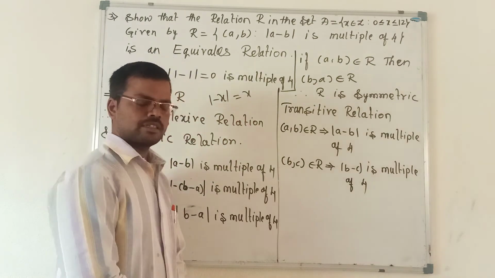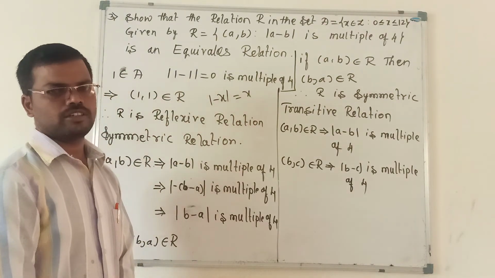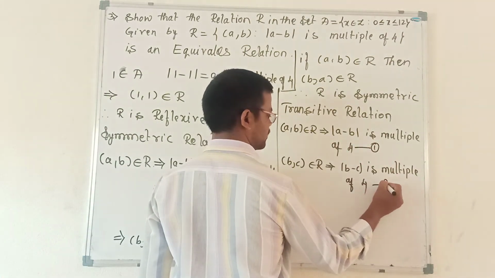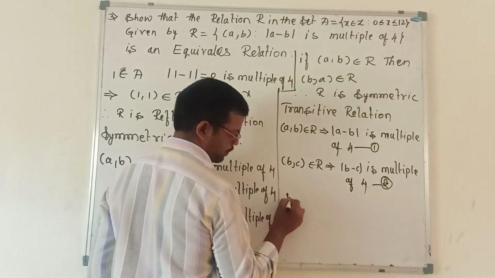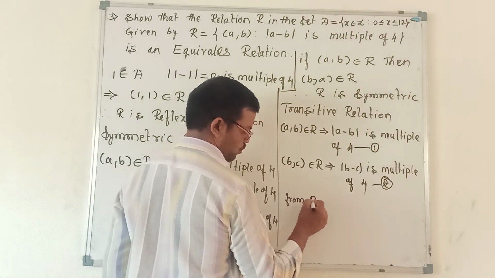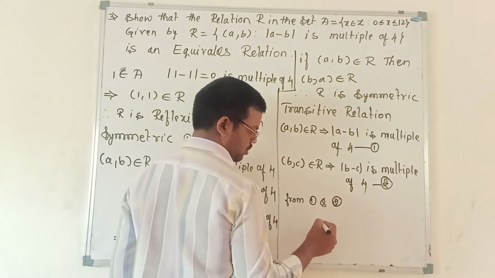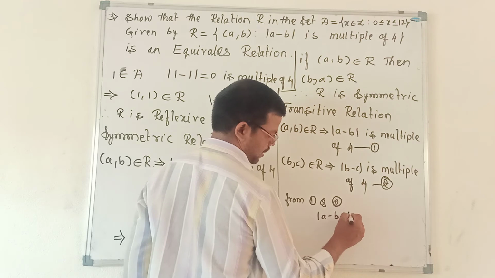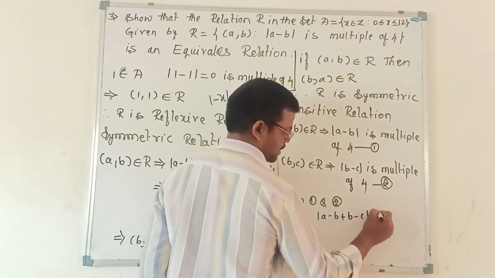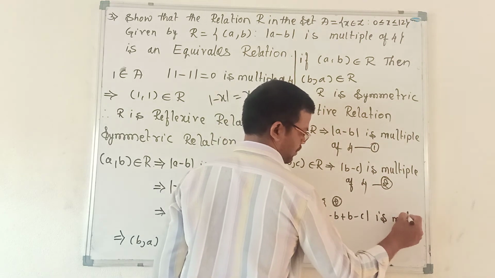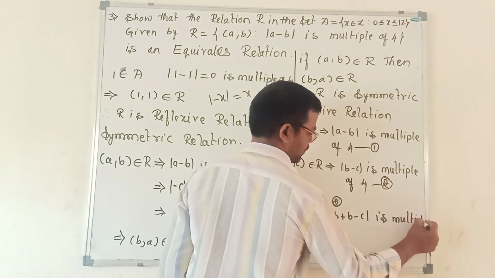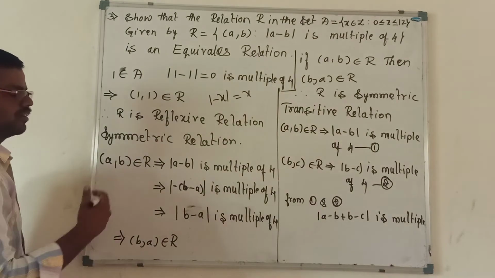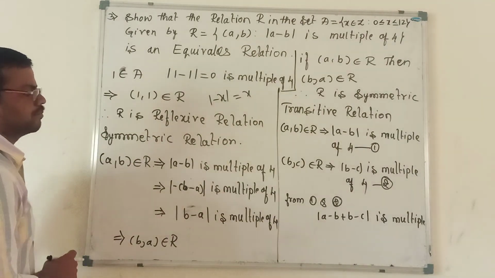So we know that the sum of two multiples of 4 is again a multiple of 4. For this we call it 1 and this one 2. From 1 and 2 we know that mod A minus B plus B minus C is a multiple of 4. I'll give the best example, with numbers that have a difference of 4 between them.